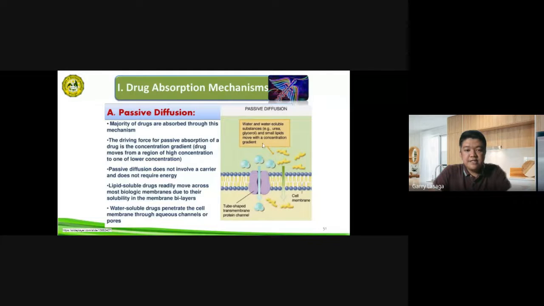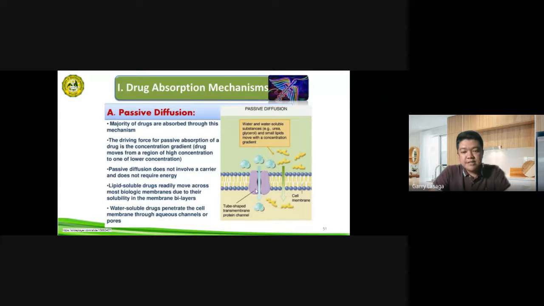In this case, water molecules and water soluble substances, since they are polar, will not be able to pass through the cell membrane, so they will need certain types of transporters or carriers.